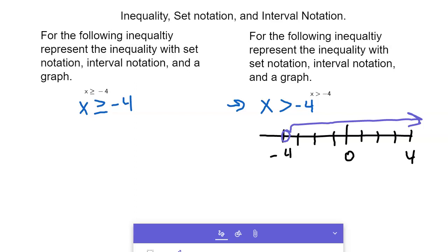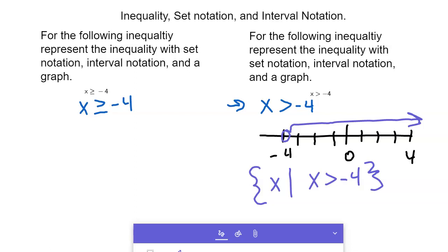That would be false. So set notation, again, it'd be that curly bracket, and we're dealing with the variable x, and you just bring down your inequality. So set notation's pretty much inequalities where you just verify that we're using x as our variable.